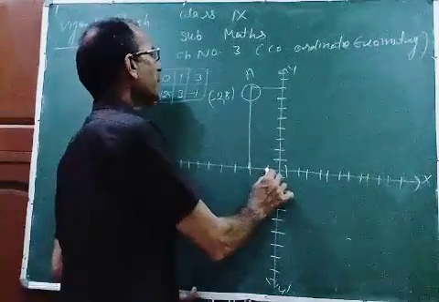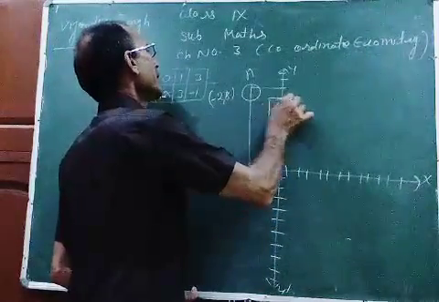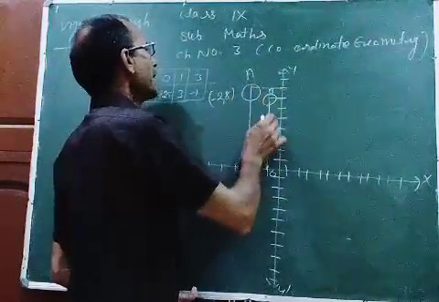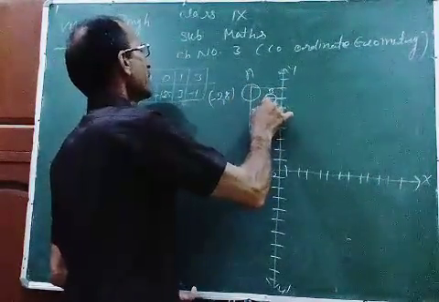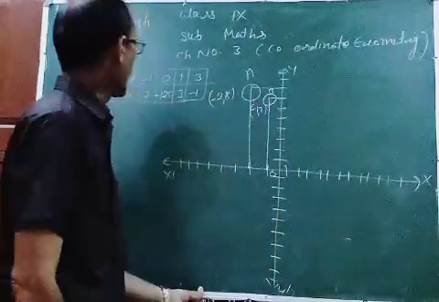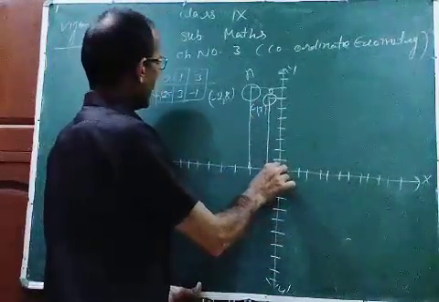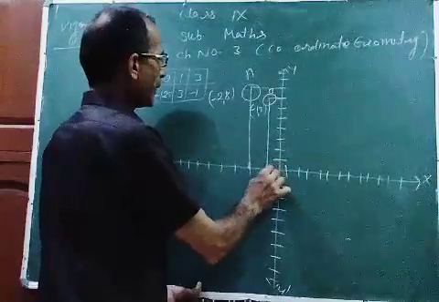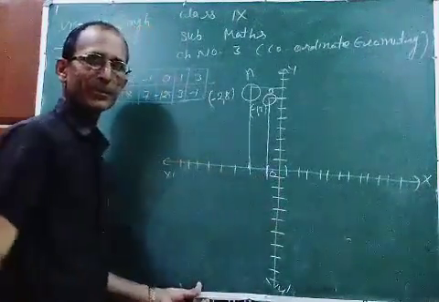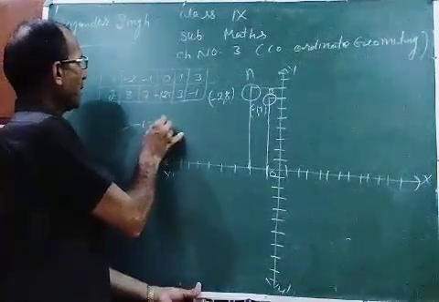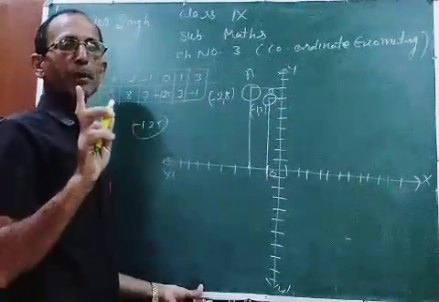Now (-1, 7). This is -1 and this is, you can give any name, B. (-1, 7). Next is 0. This is 0. Now -1.25. So 1 is complete. Now this is -1.25. .25 means the fourth part of 1.